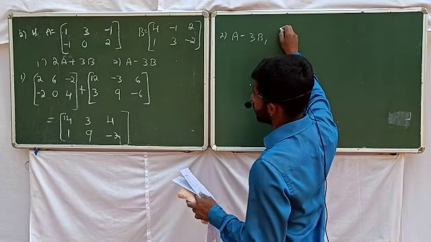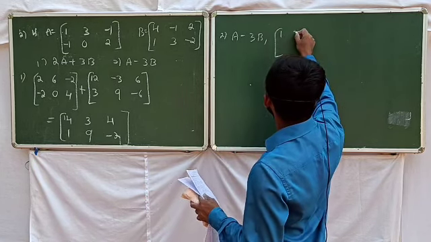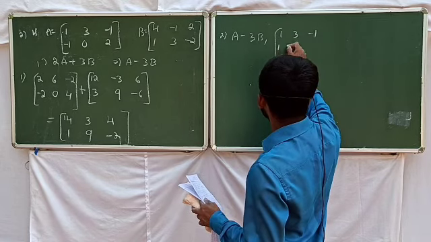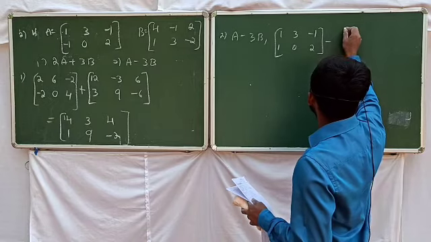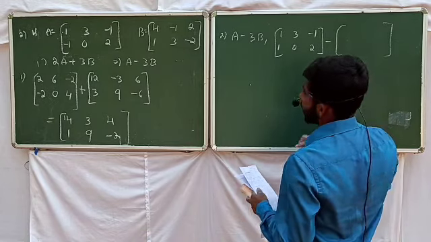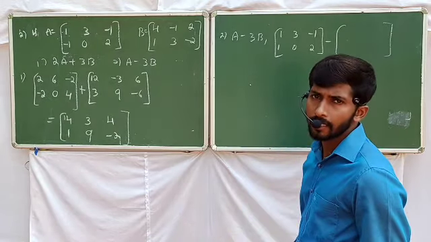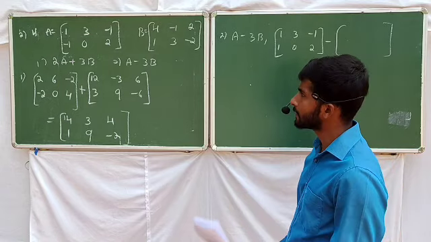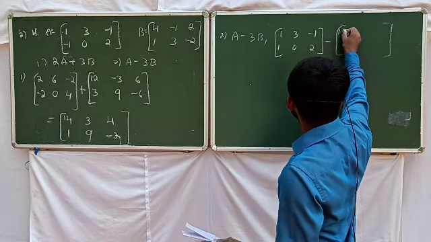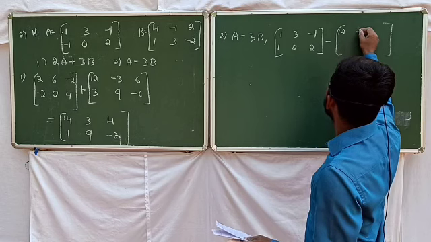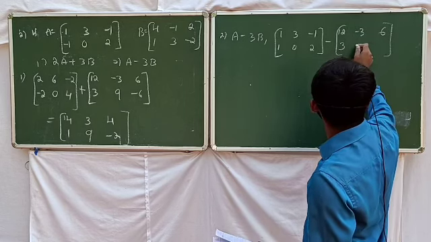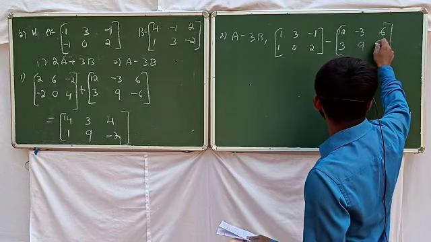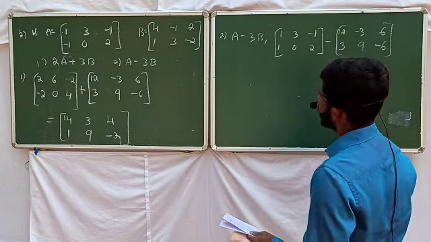Okay. What is A? Given in the question, 1, 3, minus 1, 1, 0, 2. Okay. Minus 3 times B. That means multiplying 3 to each element of the matrix B. We will get 4 3 is 12, minus 3, 6, 3, 3 is 9, minus 3 into 2 is equal to minus 6.